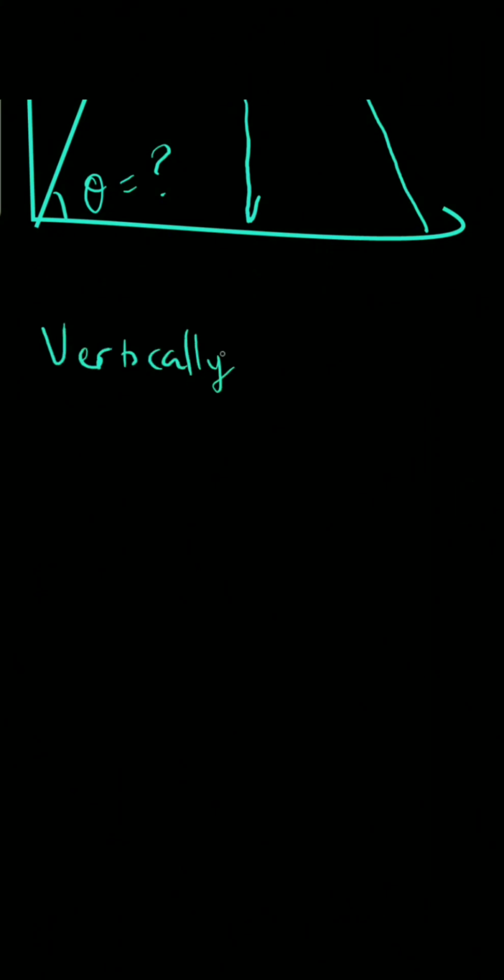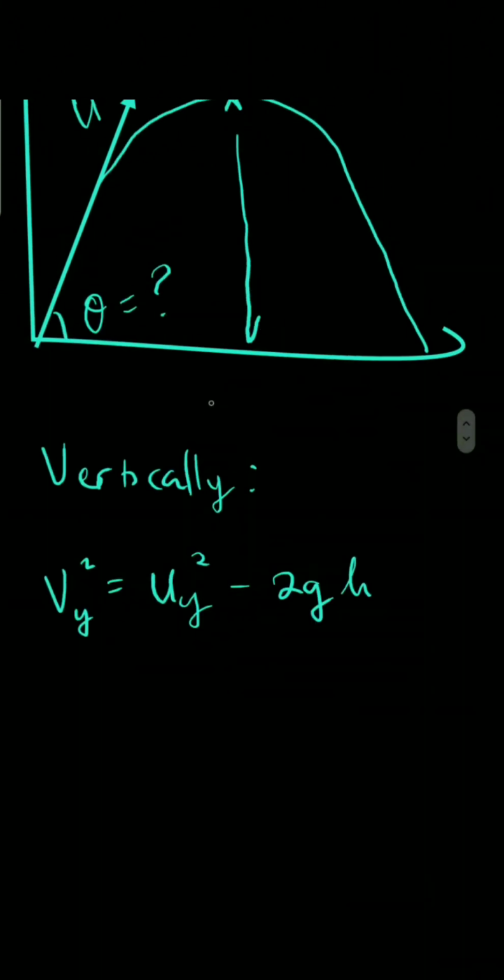So for the vertical motion, the final component of velocity squared will be equal to the initial component of velocity squared minus 2gh. Now here we have 10 meters and there we have 7.5.